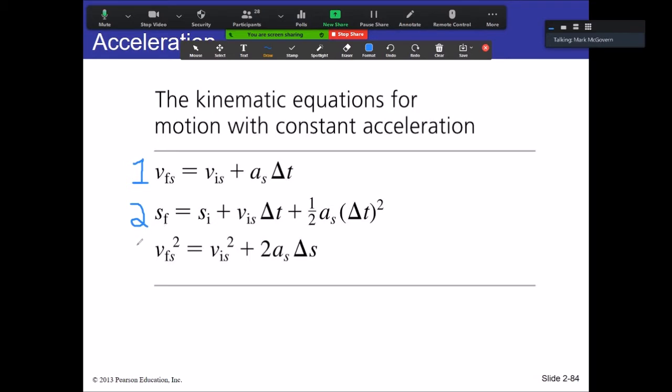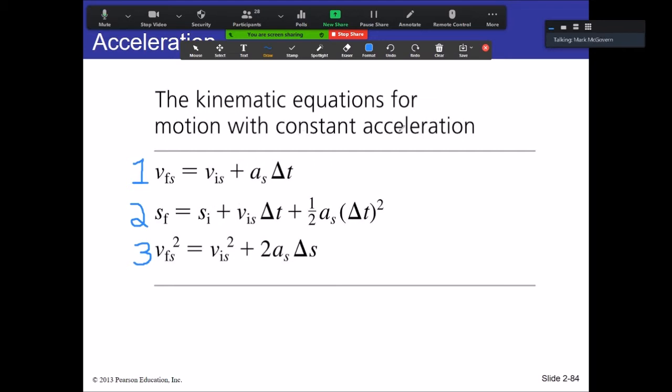The last equation I call equation 3, and I call that the velocity squared equation. So sometimes I'll mention them by numbers, sometimes I mention them by what they contain. But these three equations are all you need to fully explain and describe motion of an object.